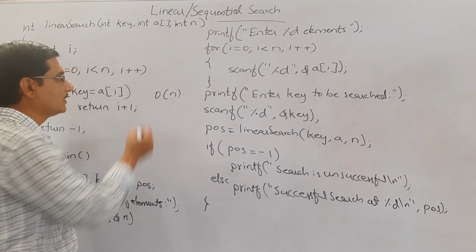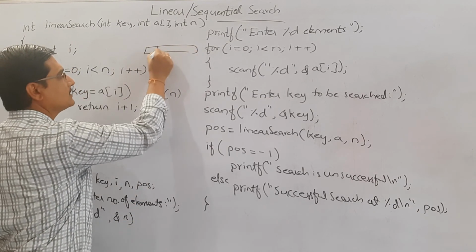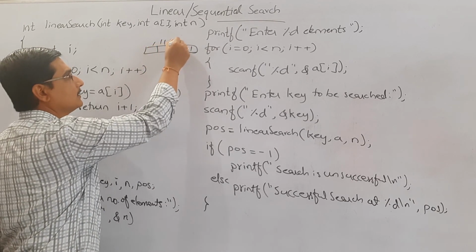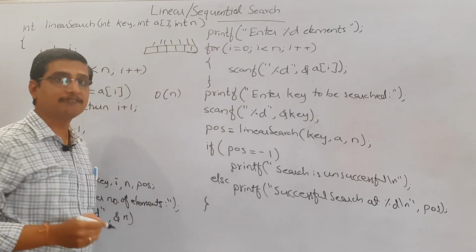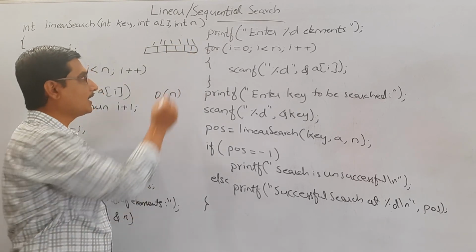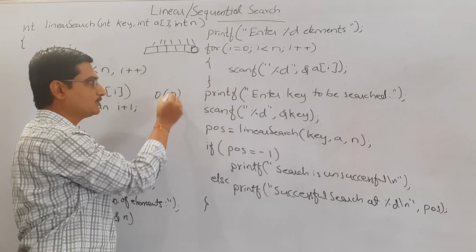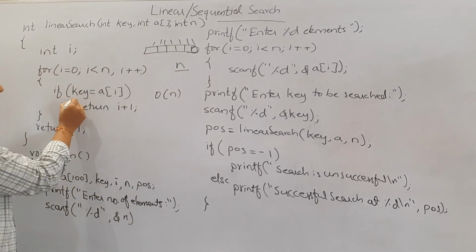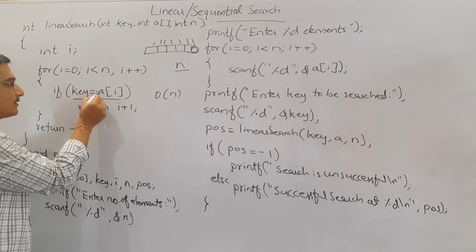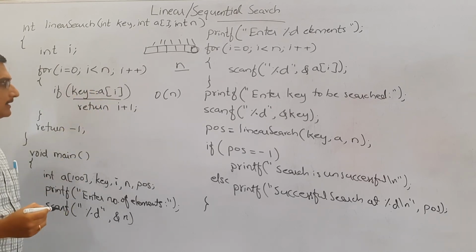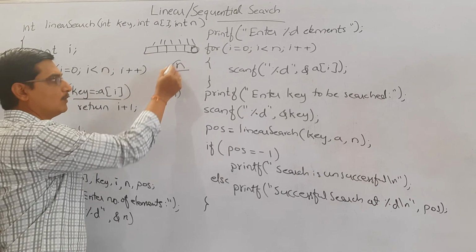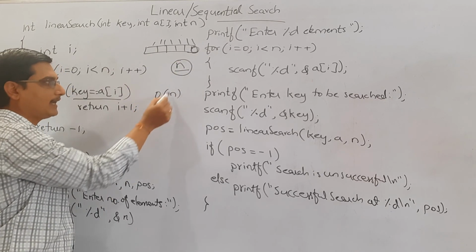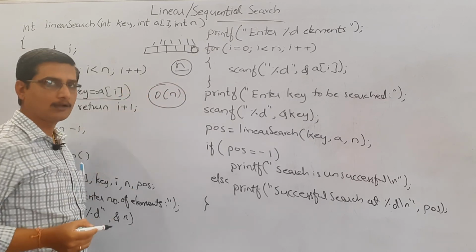If there are n elements, we have to match all the elements with the key if it is an unsuccessful search, or if the key is at the last position, so we have to match n number of times. The basic operation of this algorithm is whether key is equal to a of i, and we have to execute that n number of times. So the complexity of the algorithm is high.